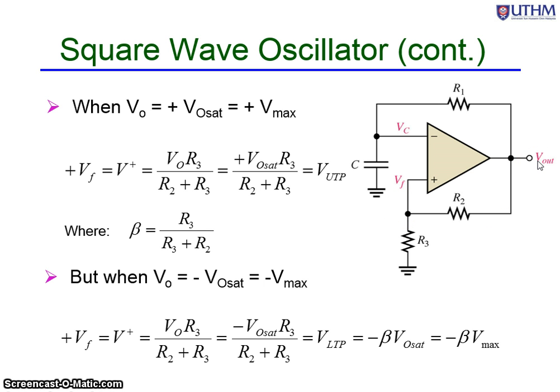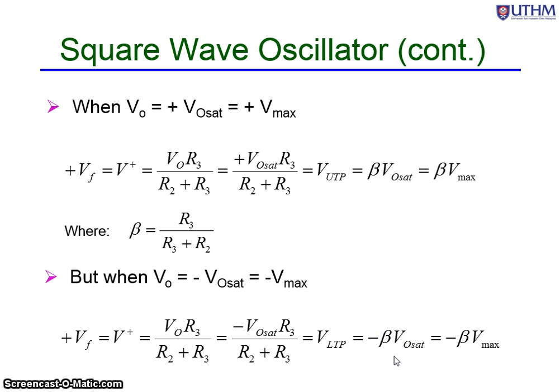It will be VO multiplied by R3 over R2 plus R3, and this equals minus beta VO sat, or minus beta Vmax, or minus beta VCC. Remember, beta is just the ratio of R3 over the whole R2 plus R3, just to simplify the equation.